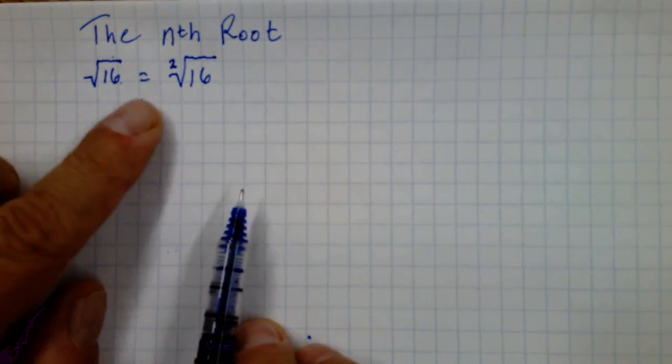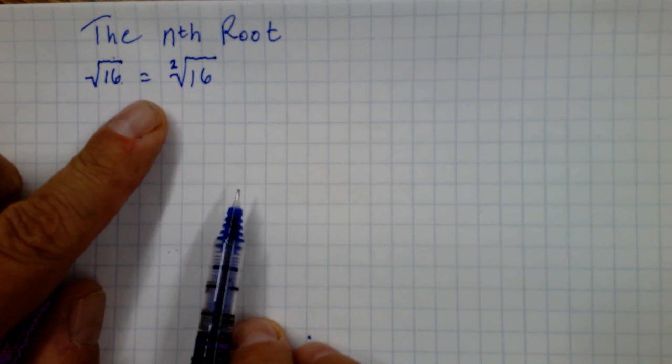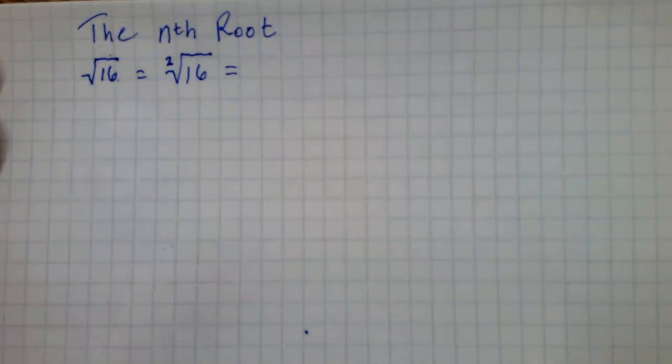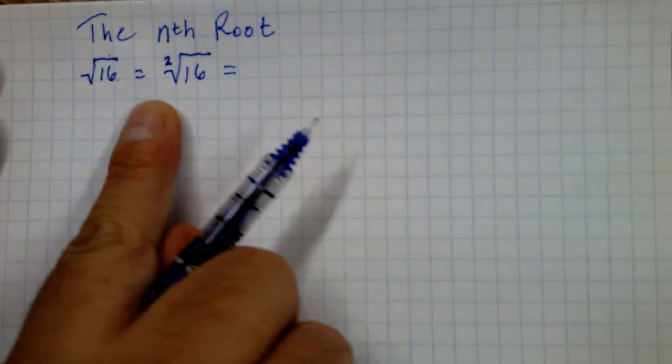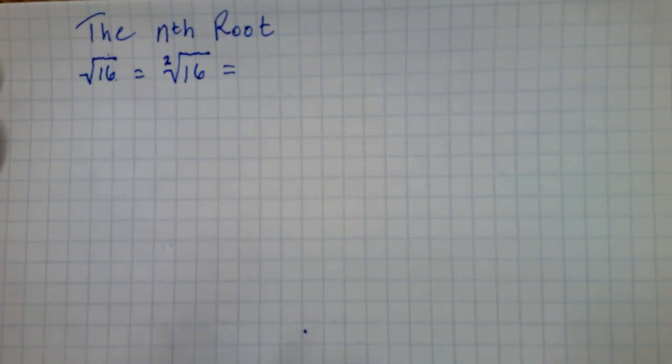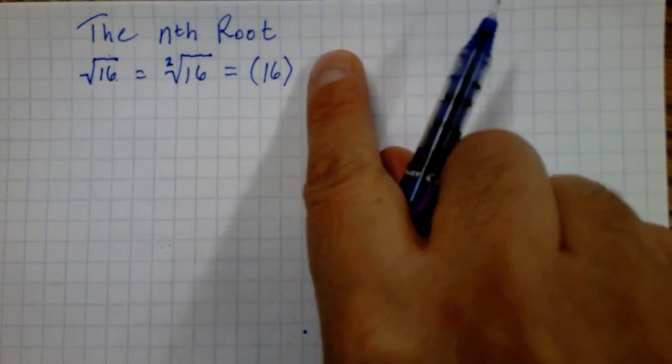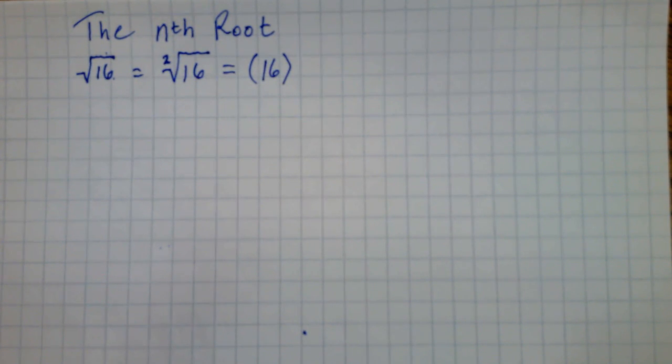Well, there's another way of writing roots that don't use this radical symbol. And that's one of the things we want to mainly explore. Okay? Another way to write this is the following. In parentheses, I'm going to write 16, and then I'm going to raise it to a power.